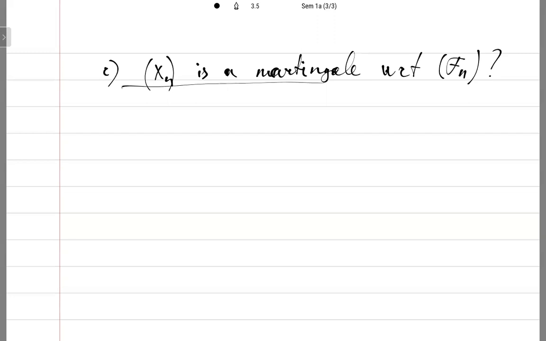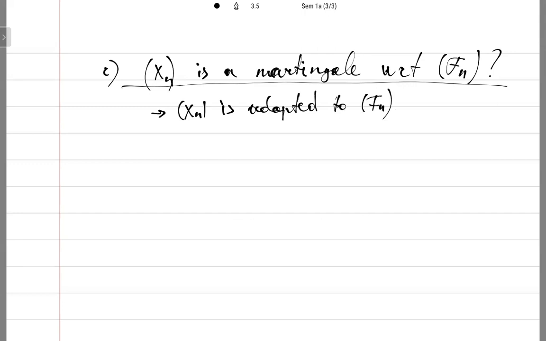Okay, is it a martingale? So what do we need to check? First, we have already checked that Xn is adapted to Fn, in the previous part.